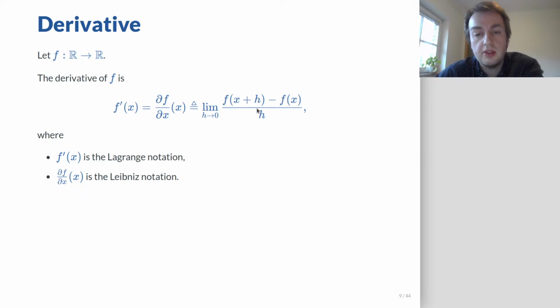So what does it represent? So it's the difference between f of x plus h and f of x over h. And so h will correspond to a small offset, a small quantity.